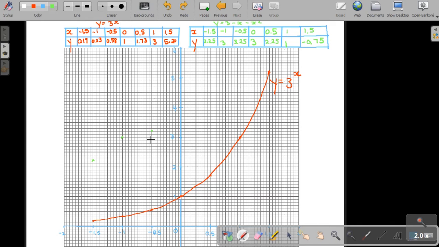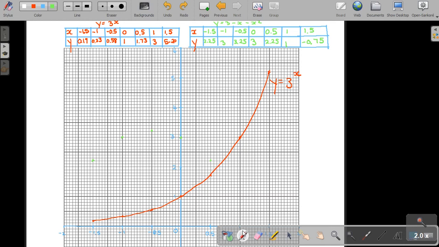And then it's 0 and 3. And then it's 0.5 and 2.25, 2.125. Let's just see, 0.5 and 2.